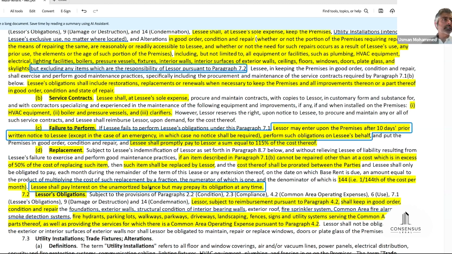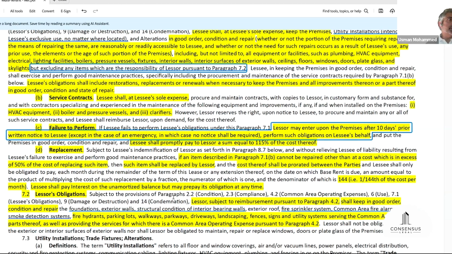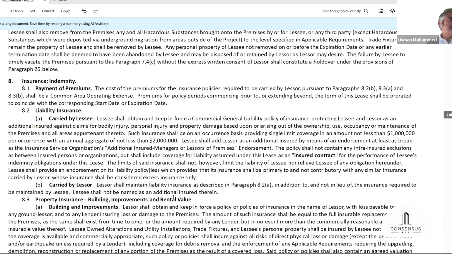And then this last sentence here, it says lessee shall pay interest on the unamortized balance, but may prepay its obligation at any time. And the 10% interest, so you'll notice the term interest is capitalized. That's a defined term in the AIR lease, and it's defined in paragraph 13.